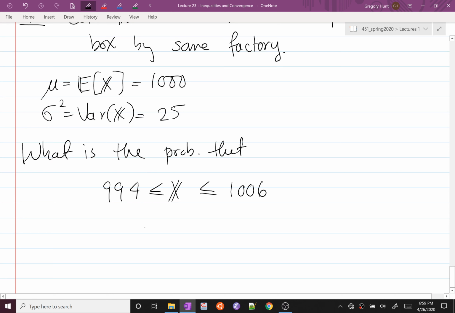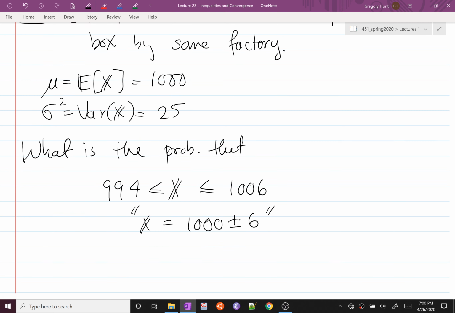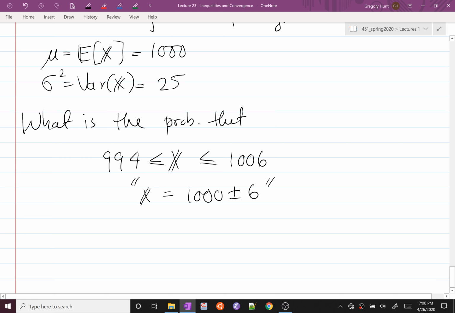One way of saying this, and it's kind of an abuse of notation, is that x is 1,000 plus or minus 6. You could think of it that way. So what's the probability that it's within 6 of what should be my mean, which is 1,000 nails?